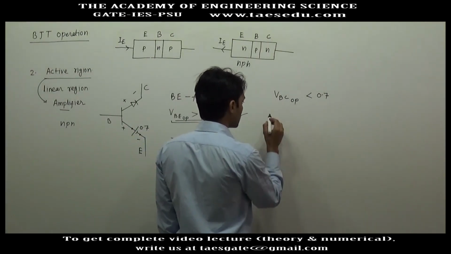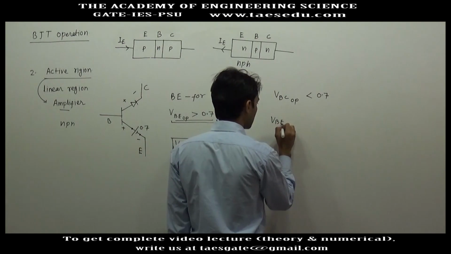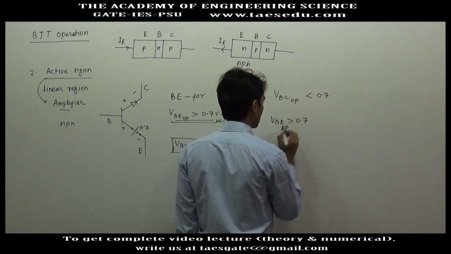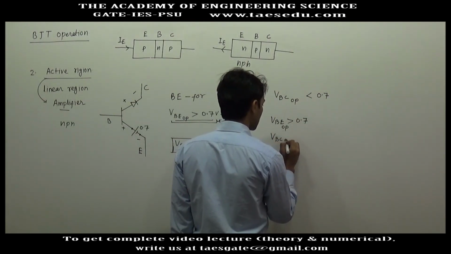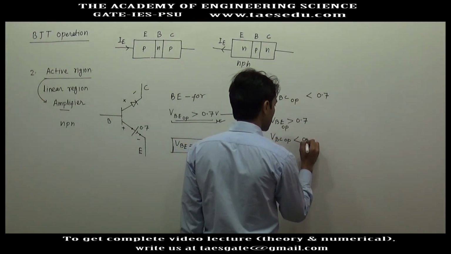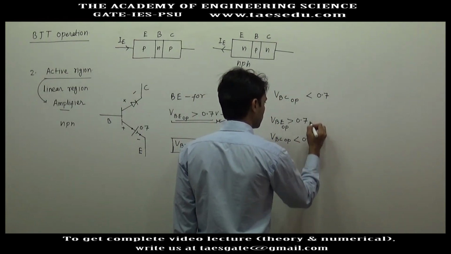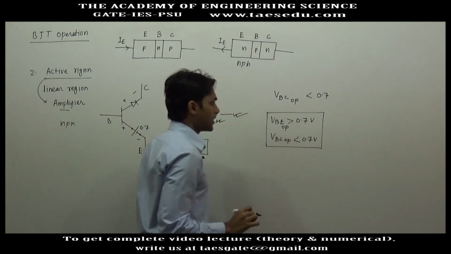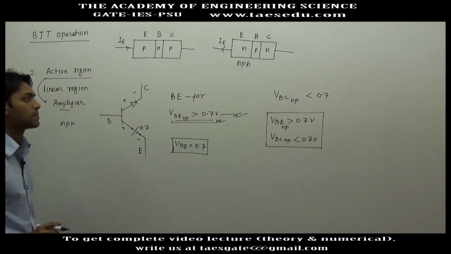So for the active region, VBE open circuited must be greater than 0.7 volt, and VBC open circuited must be less than 0.7 volt. This is the condition for an NPN transistor to operate in the active region.